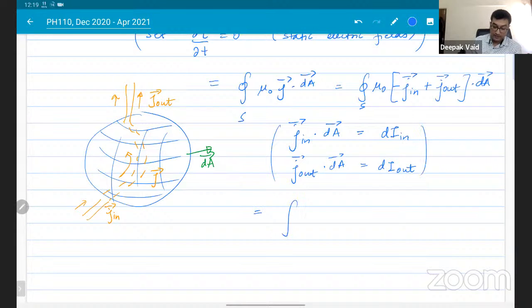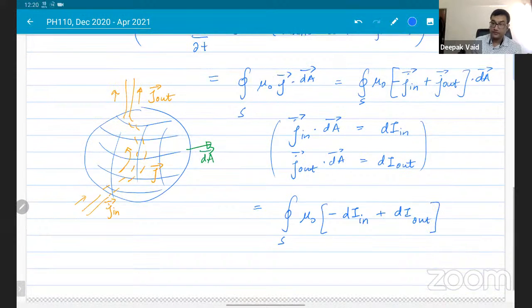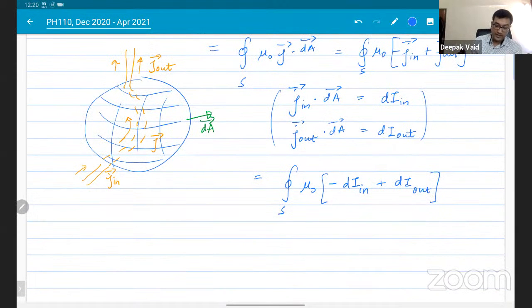So this integral through the surface, mu naught J in dot dA becomes minus dI in, and this becomes plus dI out. When I integrate over the whole surface, I simply get mu times the current going into the surface and the current coming out of the surface.